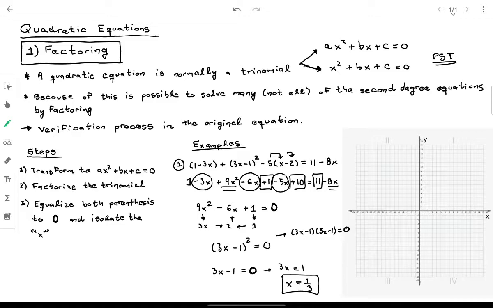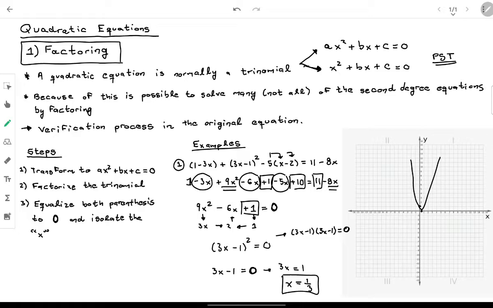Remember, the value of x is where it crosses the x axis. So in this case, it's at 1/3. It will cross there. And remember, the C term is where it crosses the y-axis. So we can know that it will have a form like this.